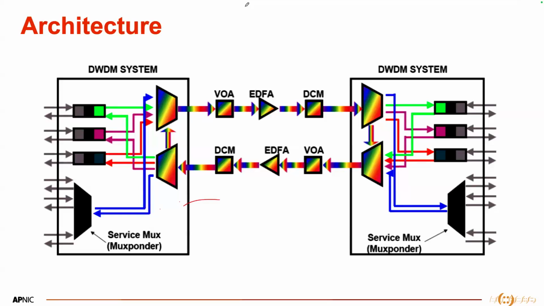As you can see in the diagram, we are showing a DWDM system connected over fiber. In the fiber path, we have DCM, EDFA, and VOA. EDFAs are amplifiers, VOA is a variable attenuator which can be placed physically, and DCM is a dispersion compensation module we use to compensate dispersion in the path.